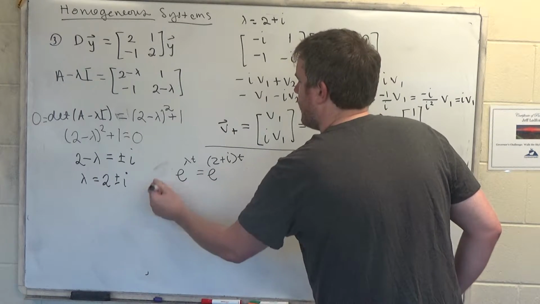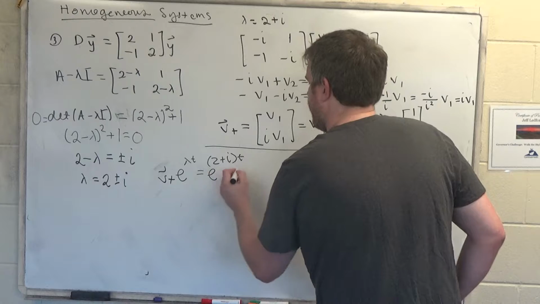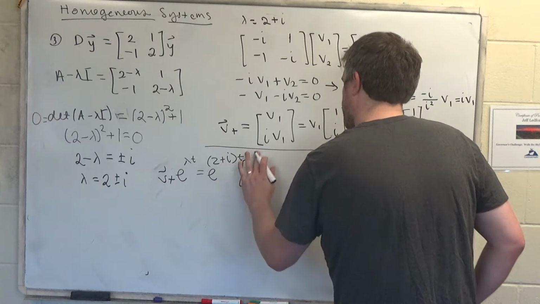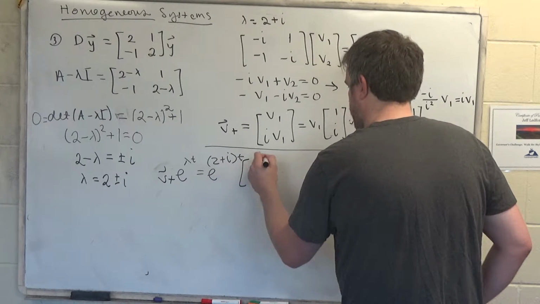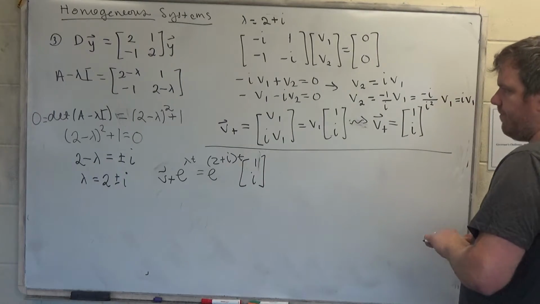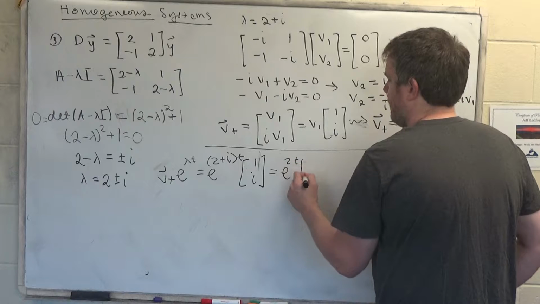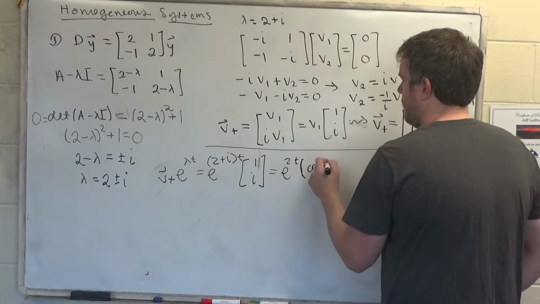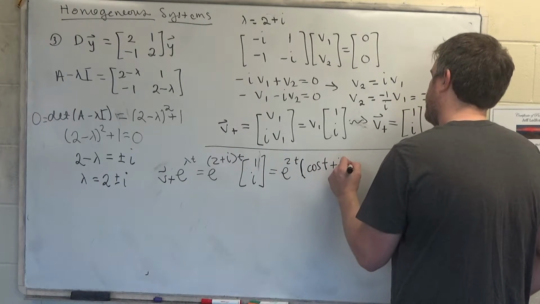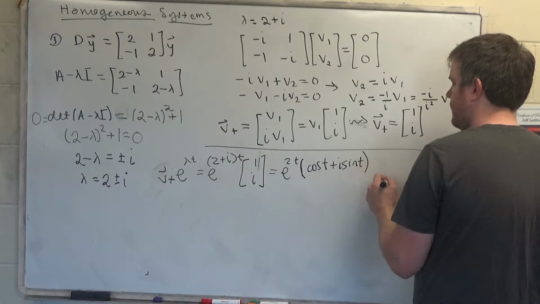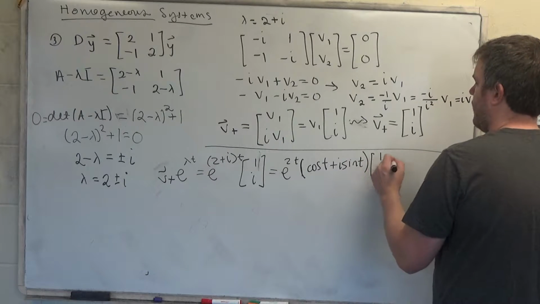So I'll put a v plus over here, and over here we're going to get (1, i). And for this part, I need to use Euler's formula. I'll have e to the 2t times cosine t plus i sine t applied to the vector (1, i).